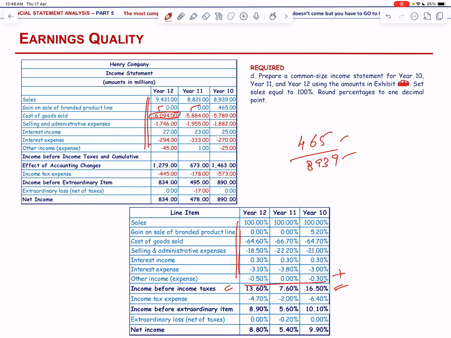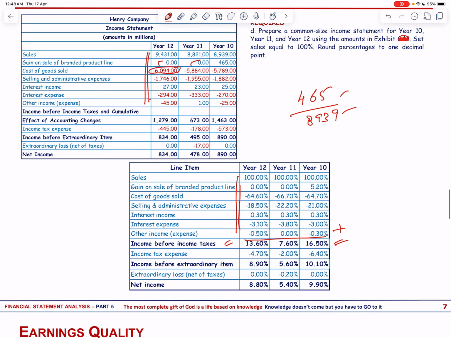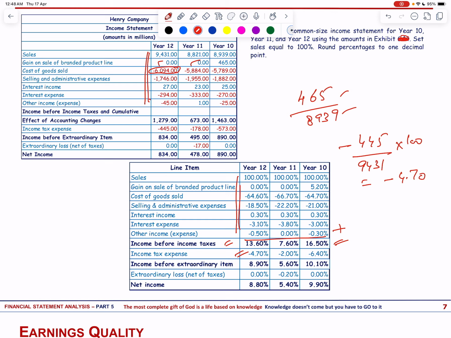And then for the income tax expenses, you can see for year number 12 we have minus 445 divided by 9431, the sales, times 100. So this is equal to minus 4.70. For year number 11 it will be minus 2 and so on and so forth.